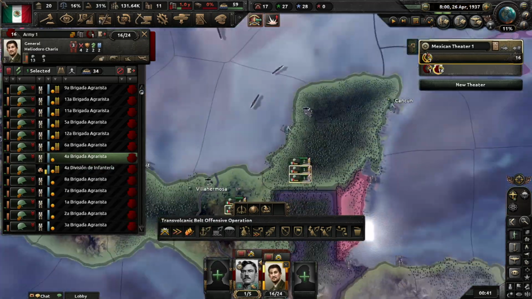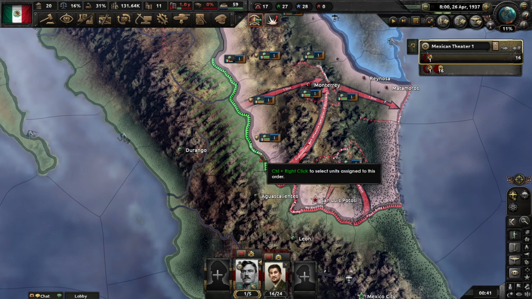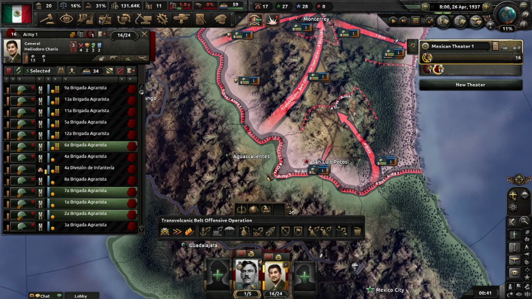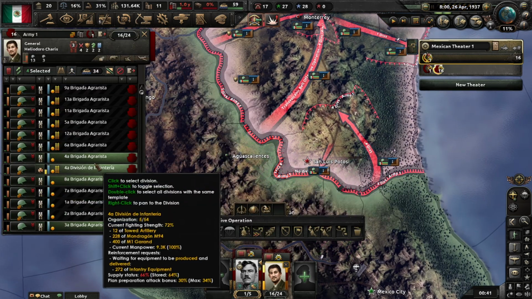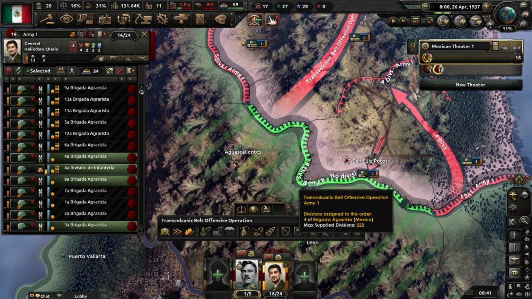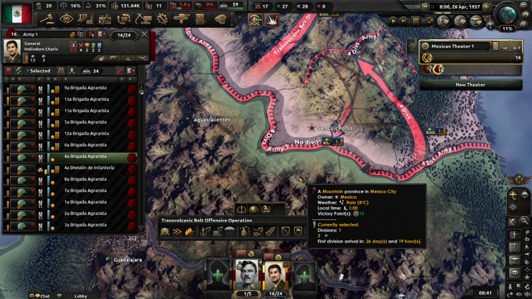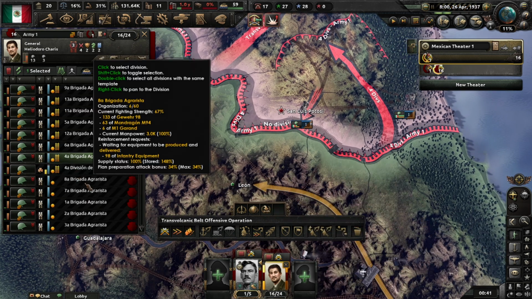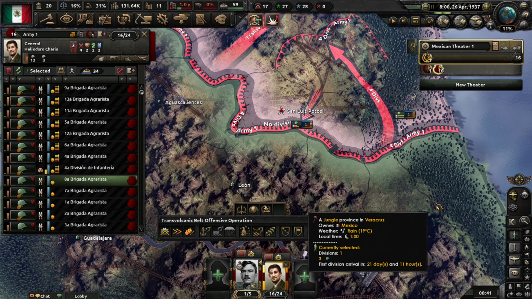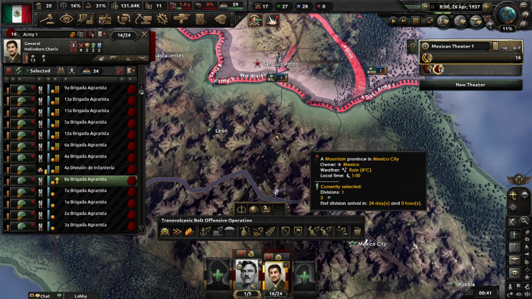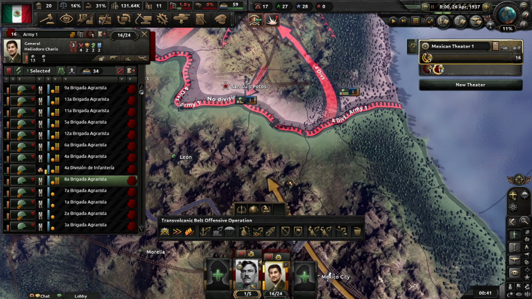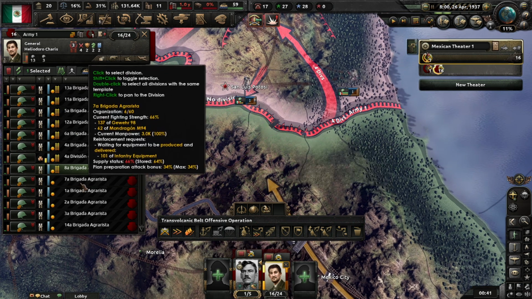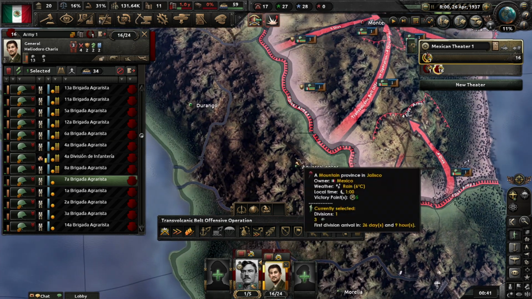Where are these guys assigned? The 4th Brigade is assigned here already. Cool. Let's see.